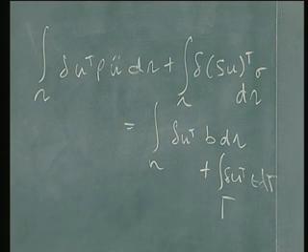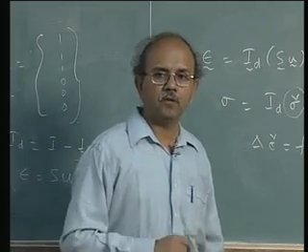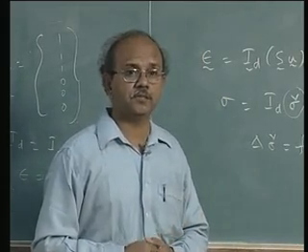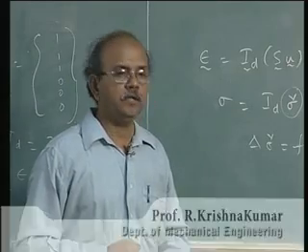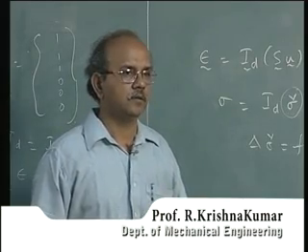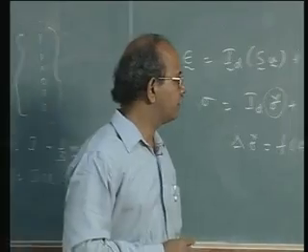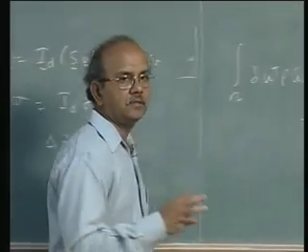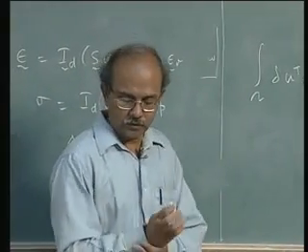But the main difference is that we do not stop with this. We write down two more equations, for p as well as for the volumetric strains. So let us write down the second equation for volumetric strain.